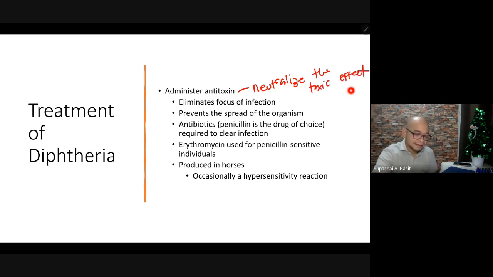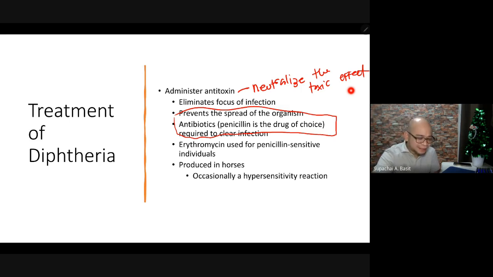After that, we eliminate the focus of infection and prevent the spread of organisms by giving antibiotics. Penicillin is the drug of choice. Erythromycin is also being used for penicillin-sensitive individuals, because there are some individuals who might be allergic to penicillin.